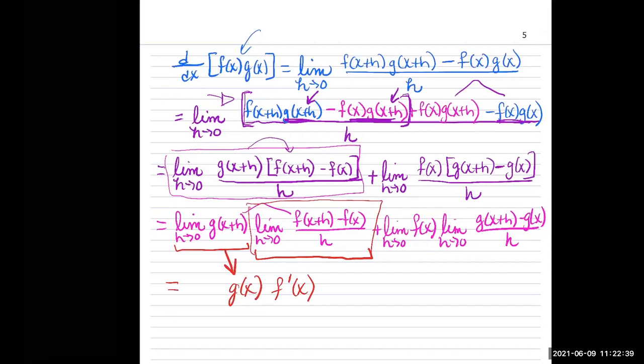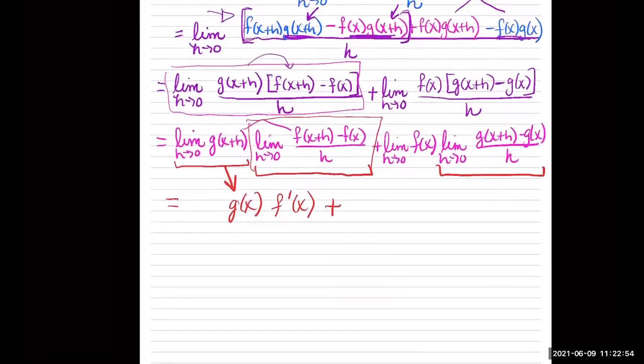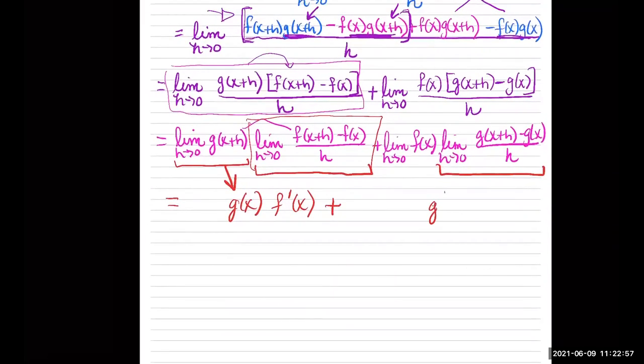Right? I just substituted in 0 for h. So notice I'm not writing the limit anymore because now I've evaluated the limit. Same thing over here. Notice the limit as h approaches 0 of g of x plus h minus g of x over h. That is just the definition of the derivative of g with respect to x.